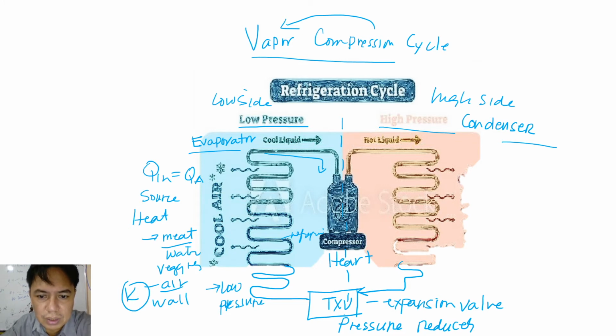Why? Because the compressor only takes in vapor. I'll repeat: the compressor only takes in fluid in gaseous form. You cannot put water or liquid in the compressor because it will explode. By theory, liquids are incompressible, so when you compress the liquid, it will explode.